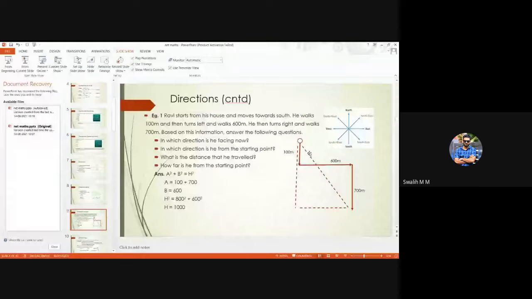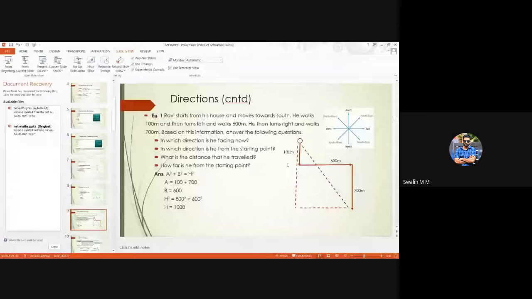For that, I told you, you need the Pythagoras theorem: altitude square plus base square equals hypotenuse square. We don't know this, but we know these other sides. So this would be 100 plus 700, because of parallel lines, so this would be 800. Now, this and this are parallel, so this is 600, here also 600.